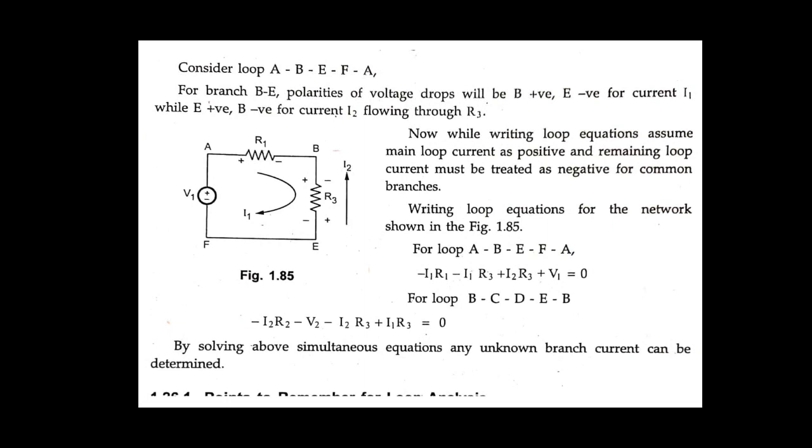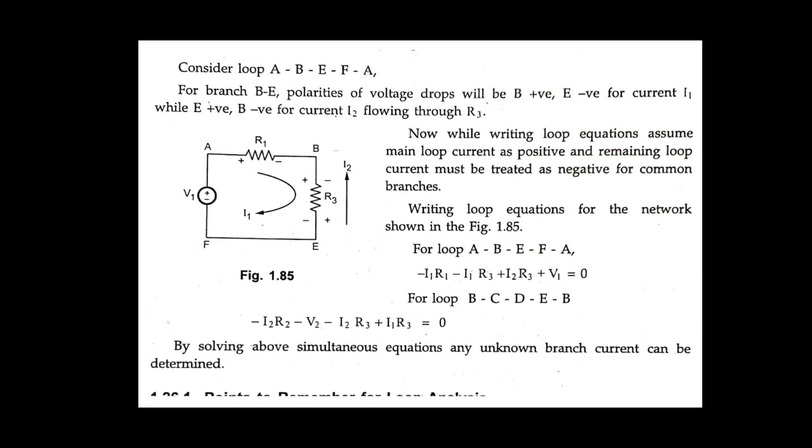For I2, E3 is positive and B is negative. So these are the polarities of the voltage drop while considering I1 and I2. Now, while writing the loop equations, assume the main loop current as positive and the remaining loop currents must be treated as negative for the common branches.